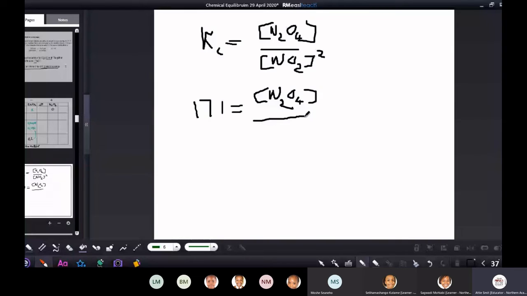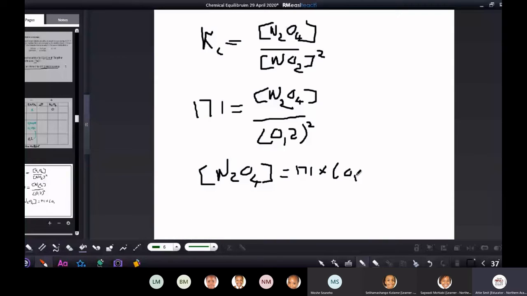Because we know our equilibrium concentration of NO2. So we square this and we can get the concentration of N2O4. So this will be equal to 171 times 0.2 squared.